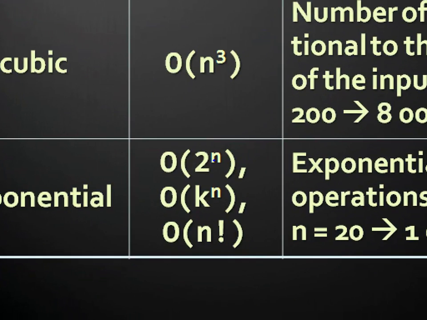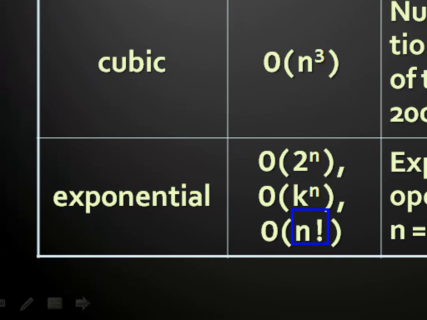Not to speak about k at the power of n. This is one number that could go to infinity, and another number that could again go to infinity. So that's infinity at the power of infinity. That's even worse. And n factorial, or not very sure how that's pronounced, this thing grows even faster.